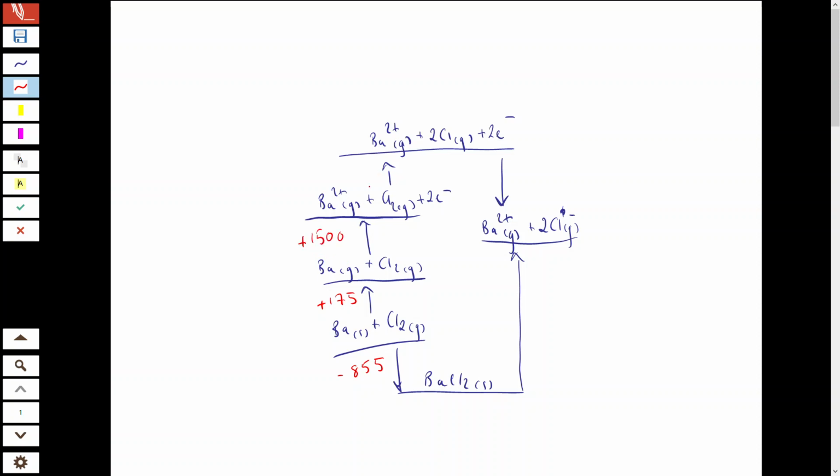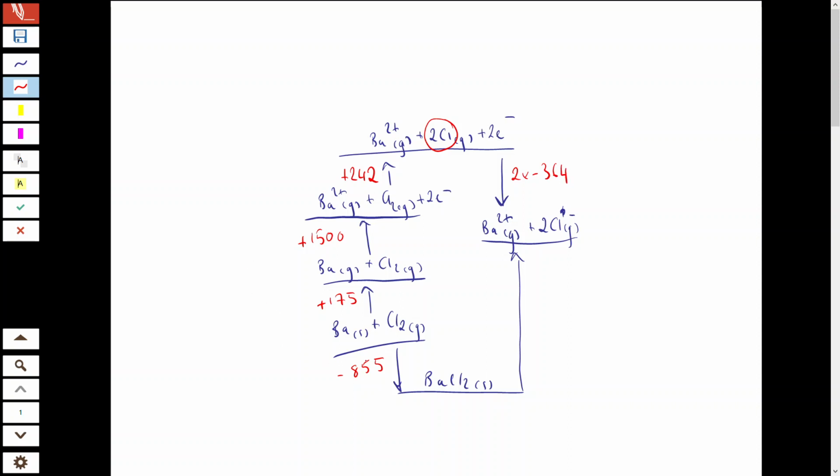We've got the bond dissociation enthalpy being plus 242. And then our final step is where a lot of us went wrong. In the question they gave us the electron affinity being minus 364. The thing that stands out here is that we've got 2 chlorines. If you look at the equation in the question, they only give the energy value for 1 chlorine electron. We therefore need to double this value. So 2 times minus 364.